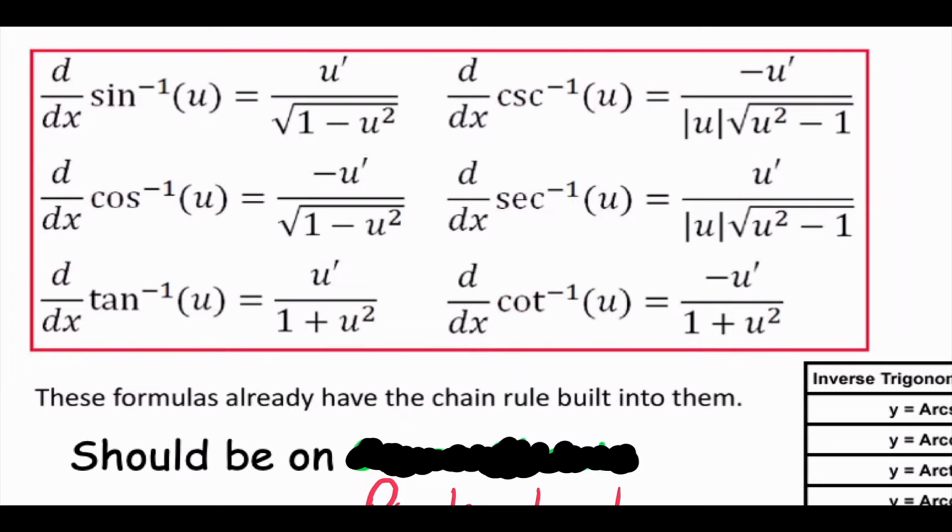If it doesn't have a C, it's going to have a positive derivative on top. And then if you look at the bottom, sine and cosine have the exact same thing. Tangent and cotangent have the exact same thing. Secant and cosecant have the exact same thing under here.